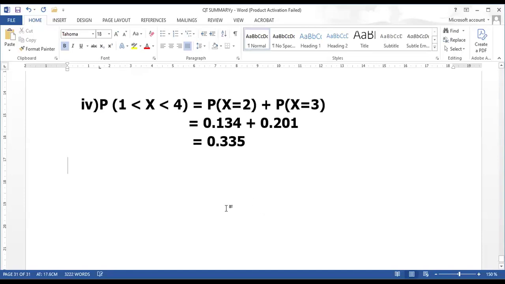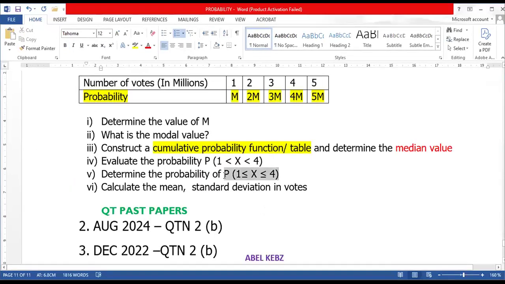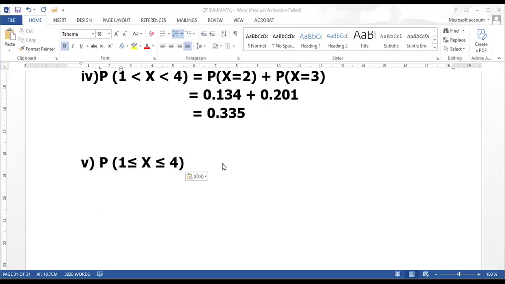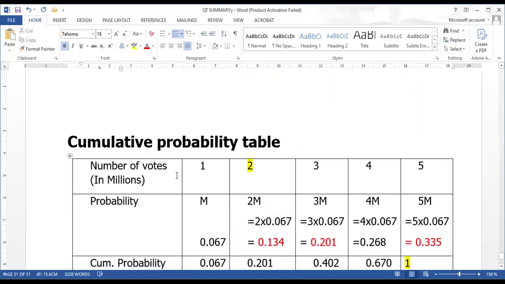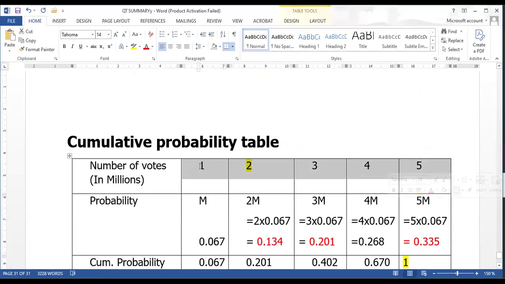Then next, Roman 5. Roman 5 is about what? You need the probability of this. Okay, sorry. The question was how do we get these values? Remember, you have the values of x. X is equal to 1.